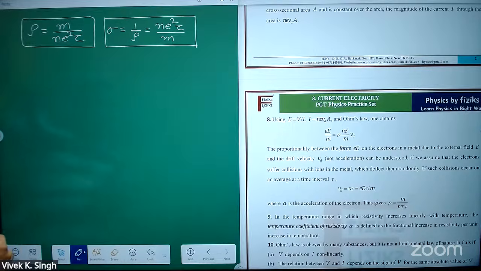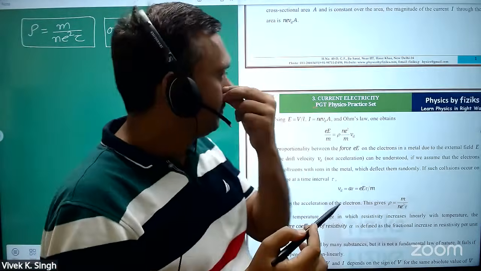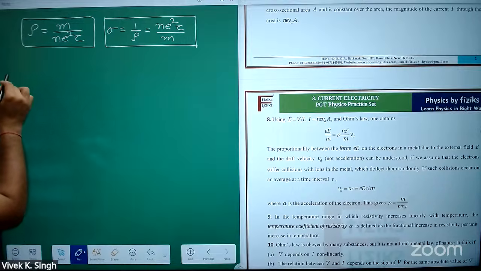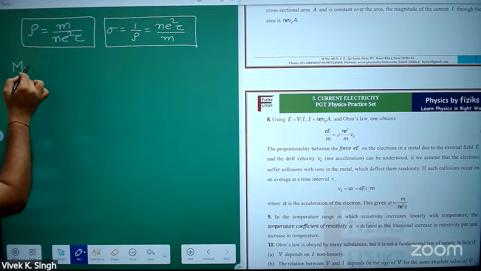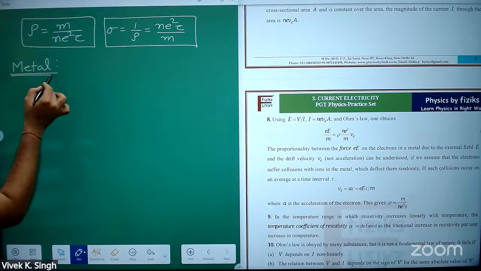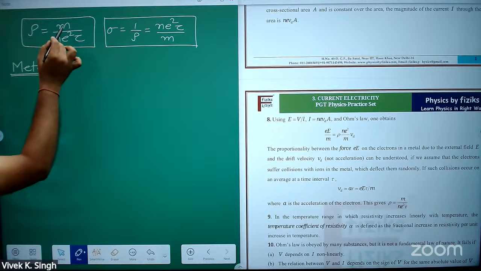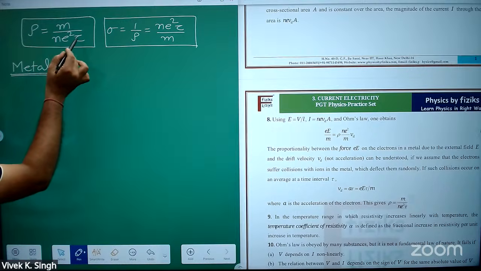Now, how does the resistivity of the material depend on temperature? Consider the case of a metal. This resistivity depends on n and tau.